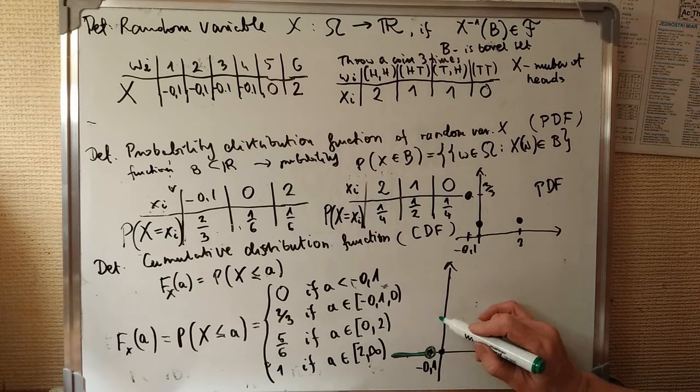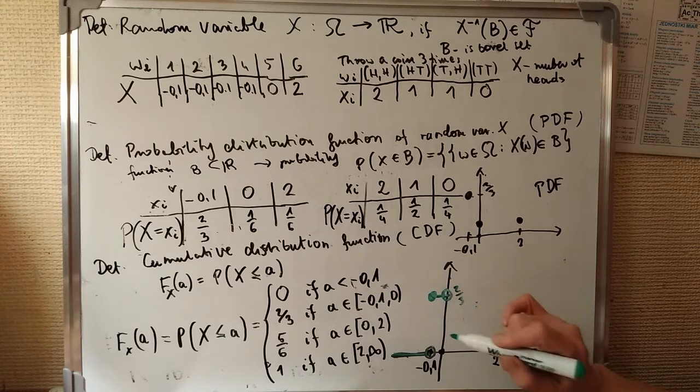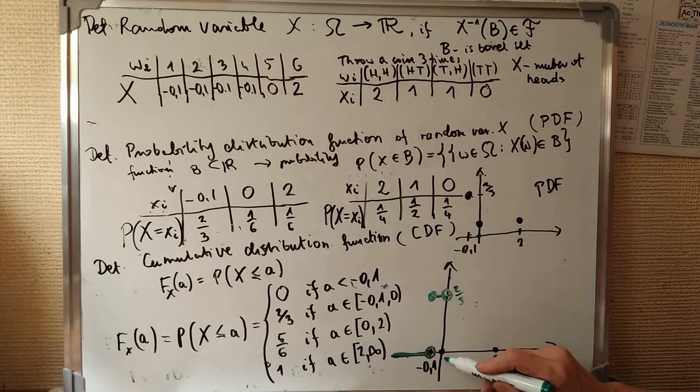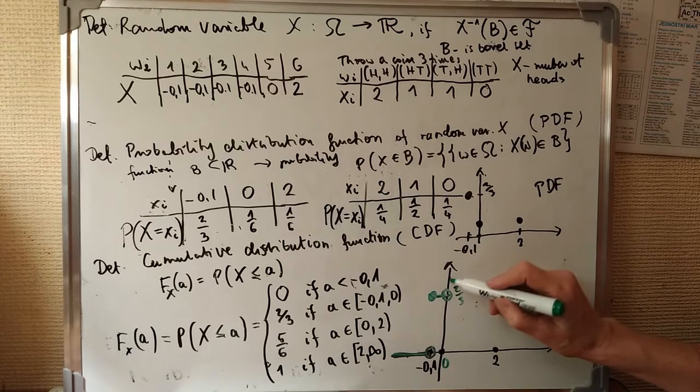Then from minus 0.1 to 0, it's 2/3, and it's open here. Then from 0 to 2, it's 5/6, so it is a little bit higher.